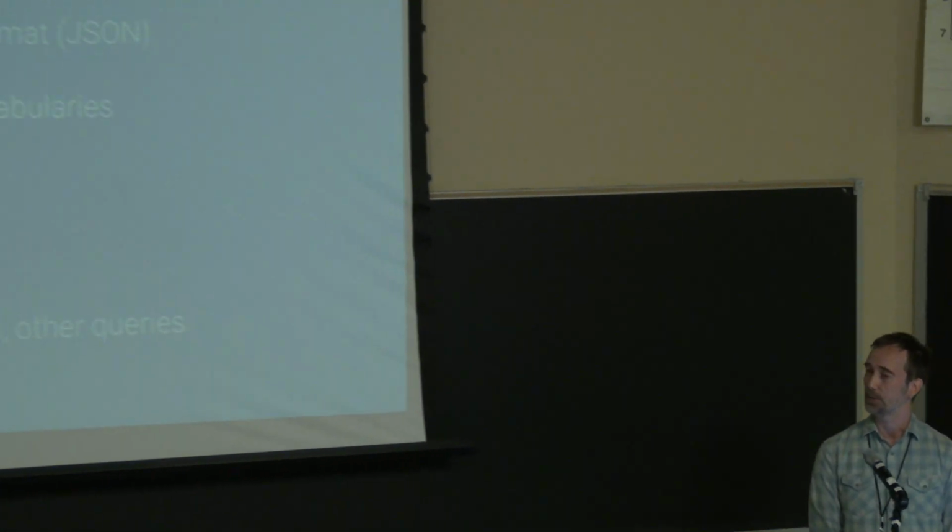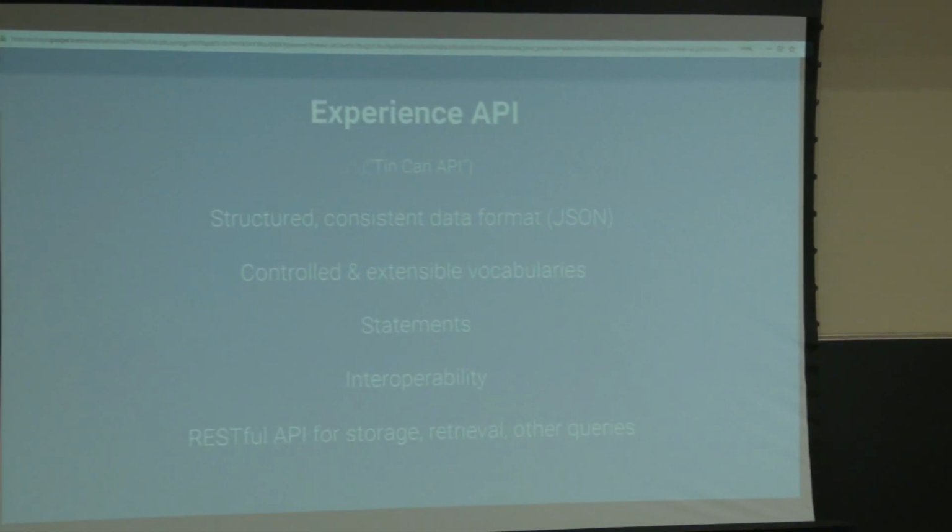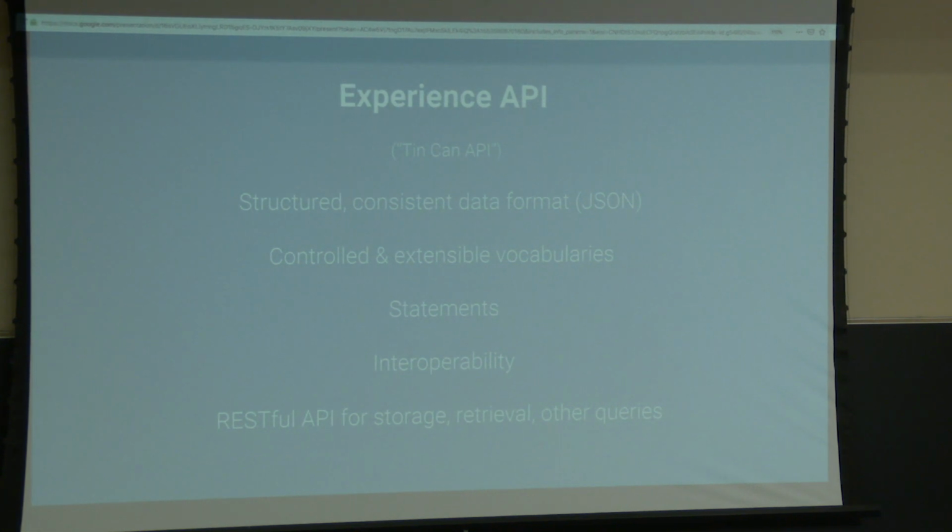You might have heard the term Tin Can API, and that was an early name for it, but Experience API is what it stands for now. Some basics about it: it stores statements in a consistent structured format. Like I mentioned, one of the key features is controlled and extensible vocabularies.